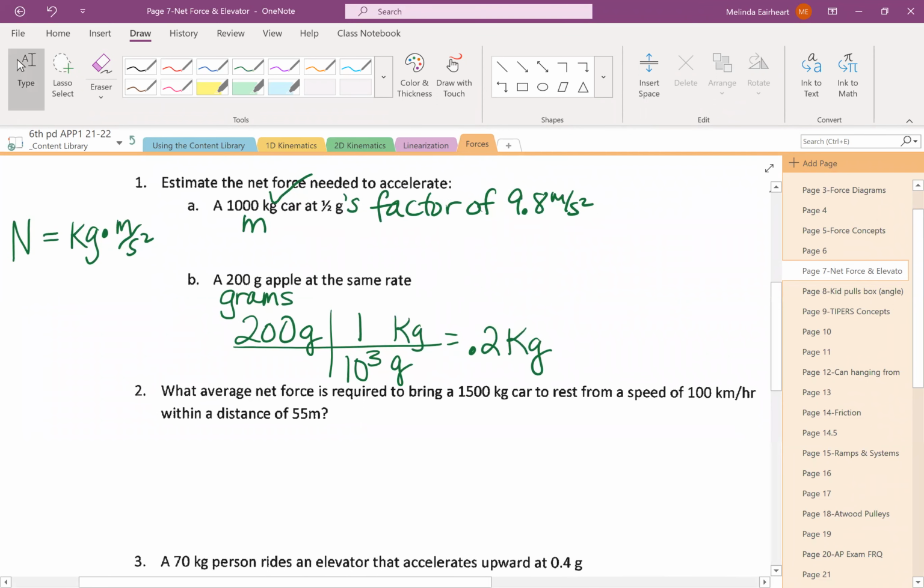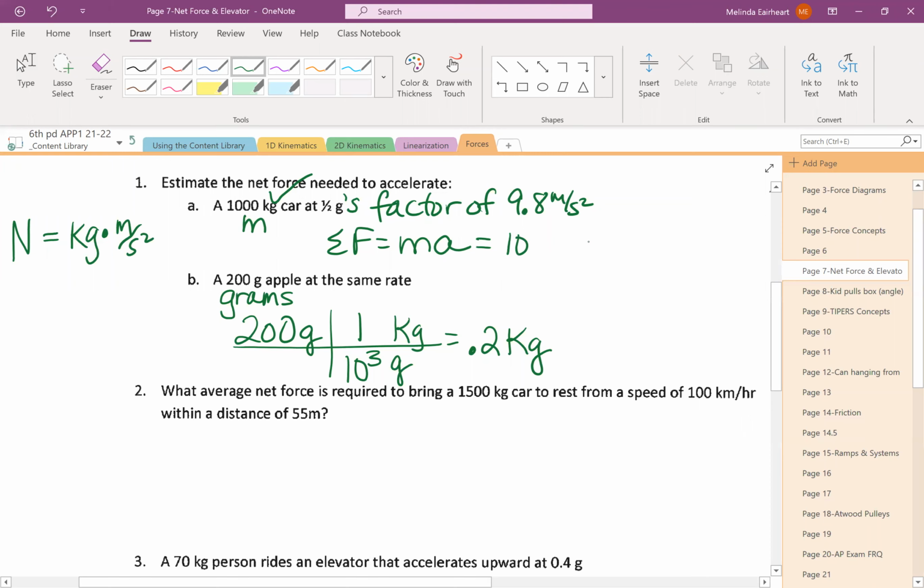And so estimate the net force. We're going to do both of these together. Net force, they give us mass. We know the acceleration. And so net force equals mass times acceleration. Now, we don't know if these apples and cars are moving or not, so I'm not going to really draw a diagram. It's just, what's the net force? F equals MA, Newton's second law.